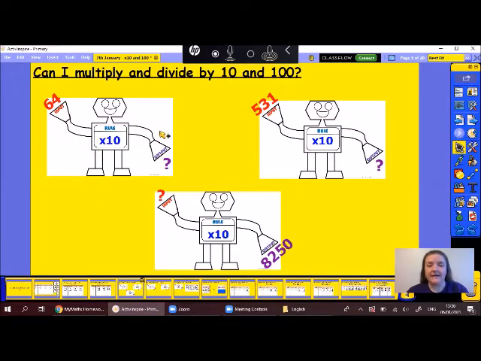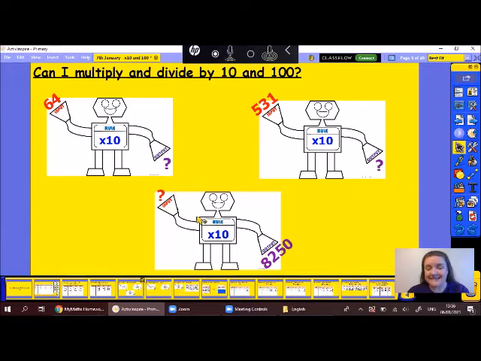What I want you to do is work out what comes out at the end. So what is the output? And the same for this one here. We've got 531. It goes into the machine, it multiplies it by 10. And what do you think comes out the other side? Now this third one here is slightly trickier because I haven't told you what the robot has sucked in at this side.